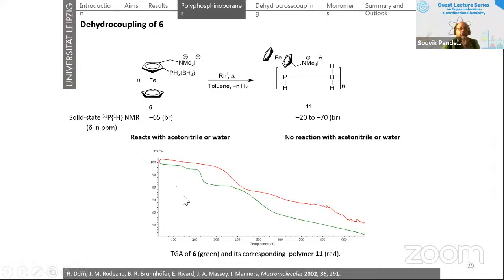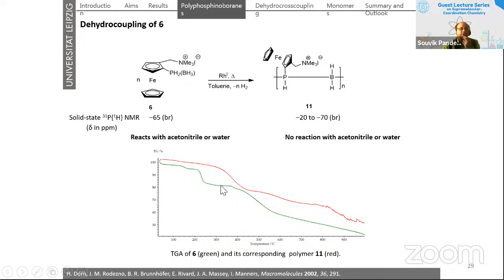And here, when I did the thermogravimetric analysis, for the monomer, it decomposes around 250, but the polymer is stable until almost 350.